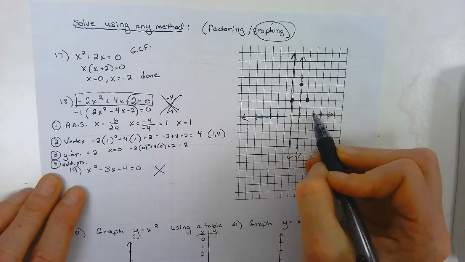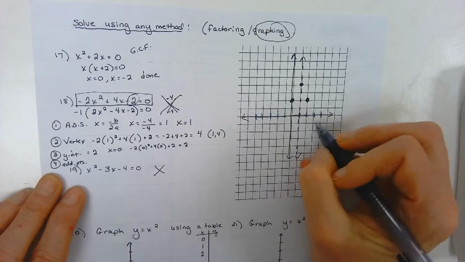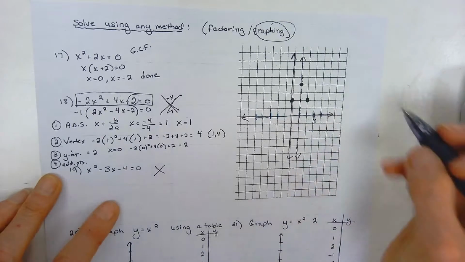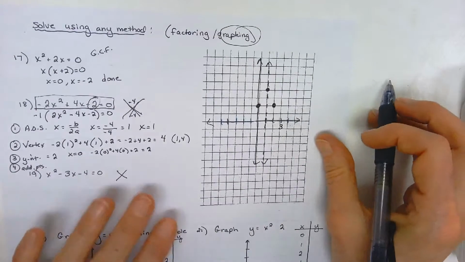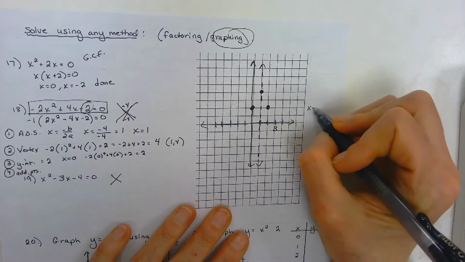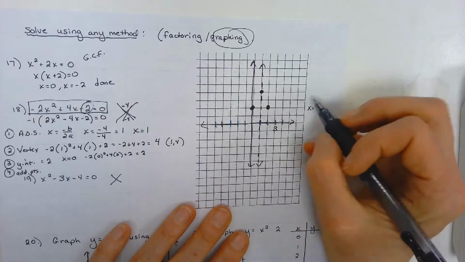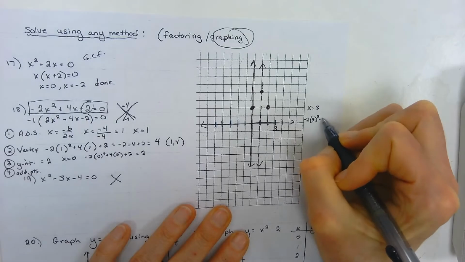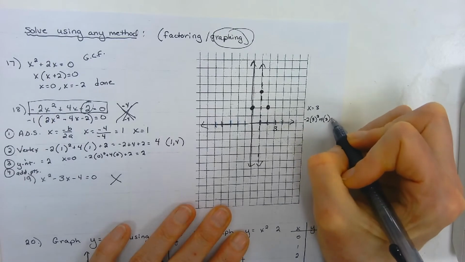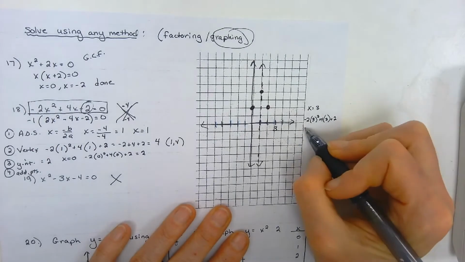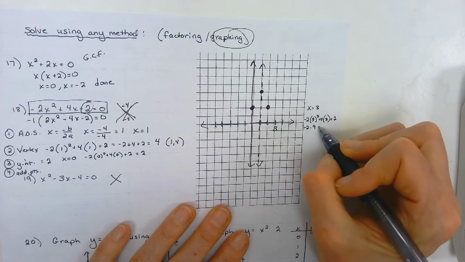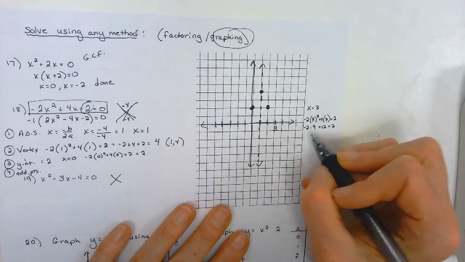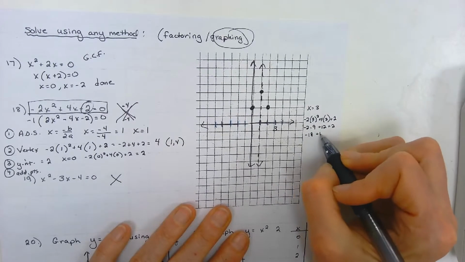Our additional point, let's choose a point to the left or the right of what we have. Let's choose positive 3. Okay, I'm going to do it over here. X equals 3. I'm going to put it into the function. Negative 2 times 3 squared plus 4 times 3 plus 2. That's negative 2 times 9 plus 12 plus 2. That's negative 18 plus 12 plus 2.